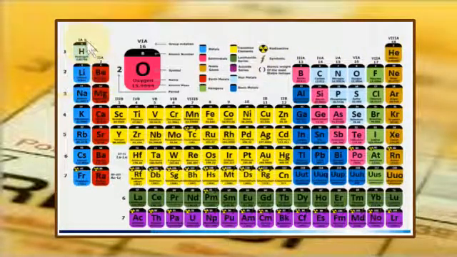S block means their valence shell, the outermost shell, electronic configuration ends in the S subshell. The S subshell can have only 2 electrons, so there are 2 groups. If the S subshell contains 1 electron, it will be 1A. If the S subshell is completely filled, S2, it will be 2A.